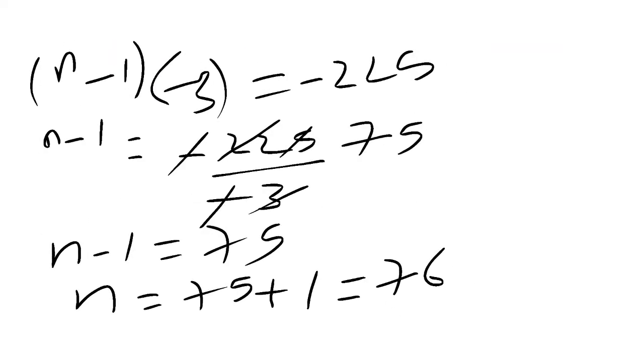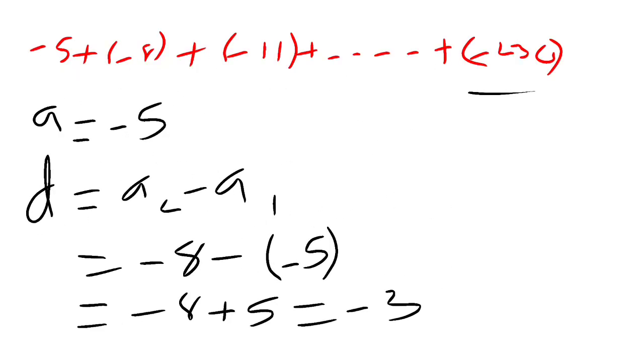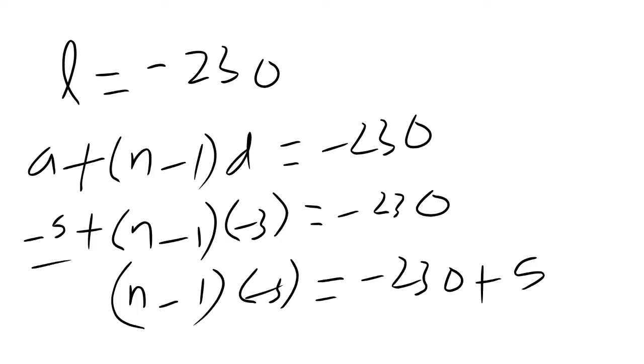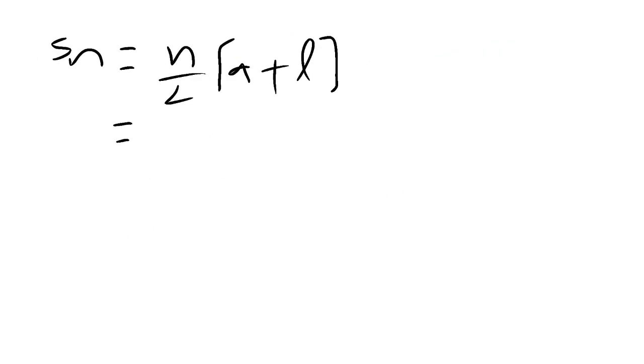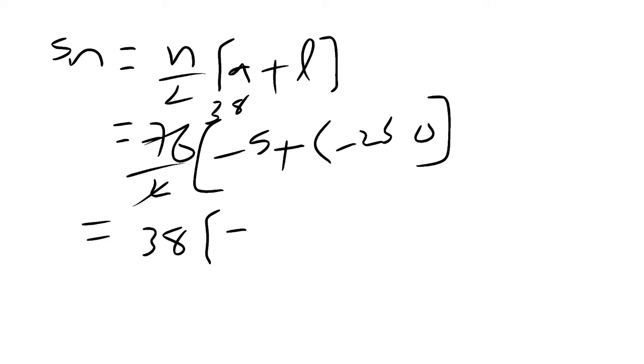Let's find the sum of these 76 terms. Here I am using n by 2 of a plus l. Why? Because the last term is available in the question. So 76 by 2 into a value minus 5 plus last term minus 230. 76 by 2 is 38, bracket of minus 235.